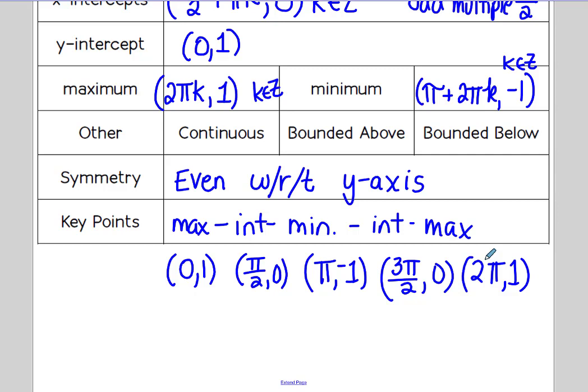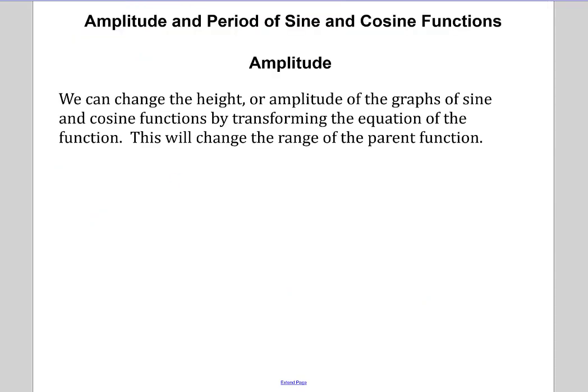Now, just like anything else that we've done in our course, we like to stretch them, shrink them, flip them, and so on, or any kinds of transformations. So we can change the height or the amplitude, and we said amplitude is the absolute value of the leading term.